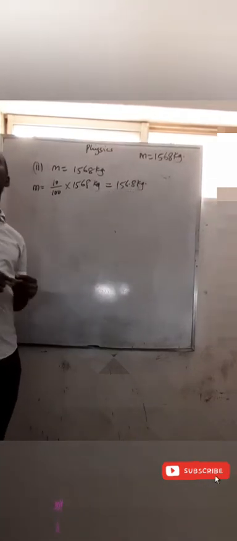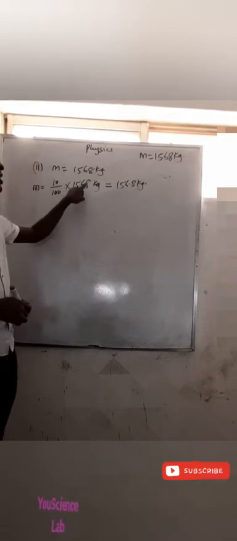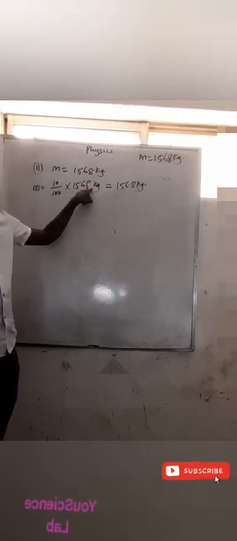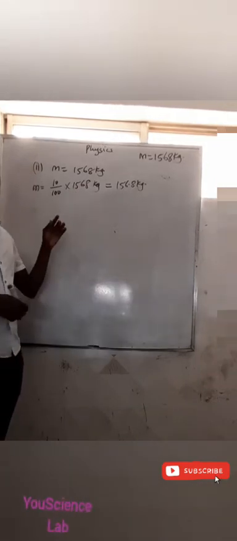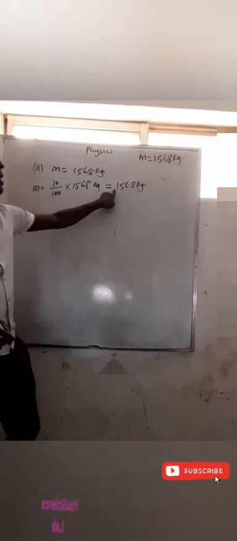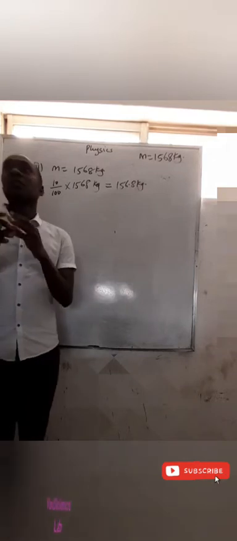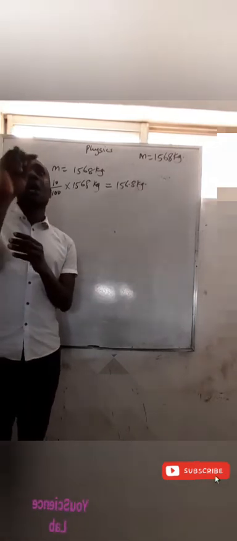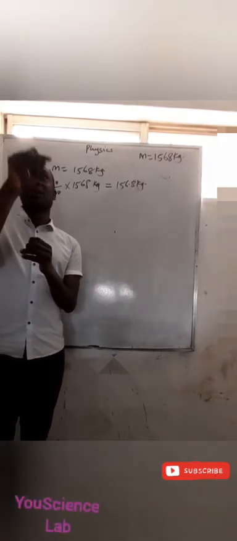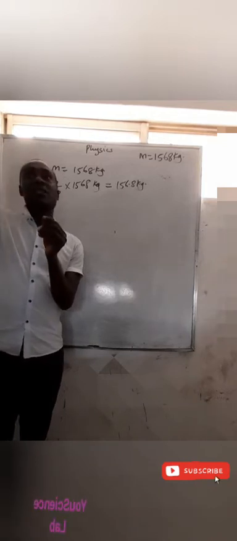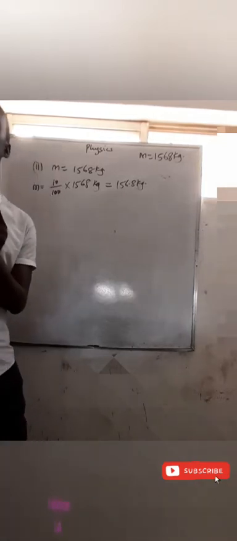So this is the mass that is going to what? Melt. Now, there's something you need to understand here in this question. When heat is supplied to an object at a particular temperature, the temperature rises until it gets to its melting point.